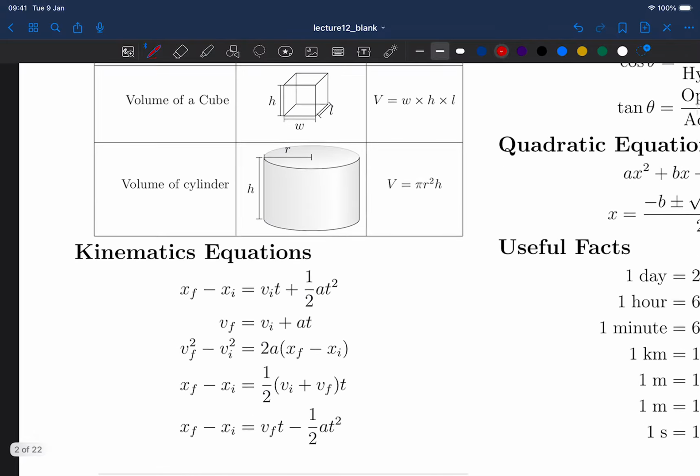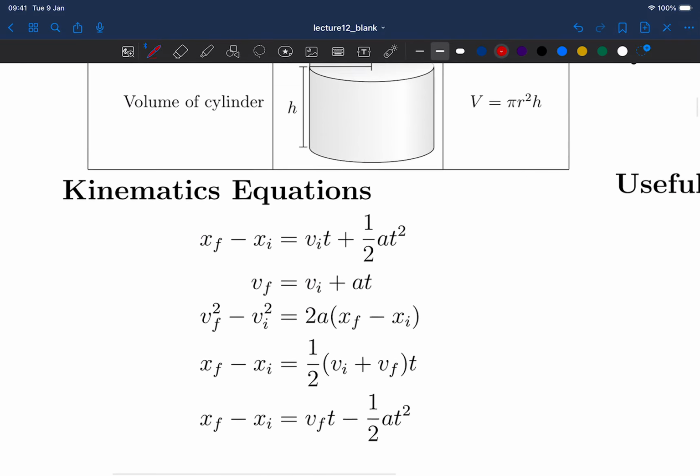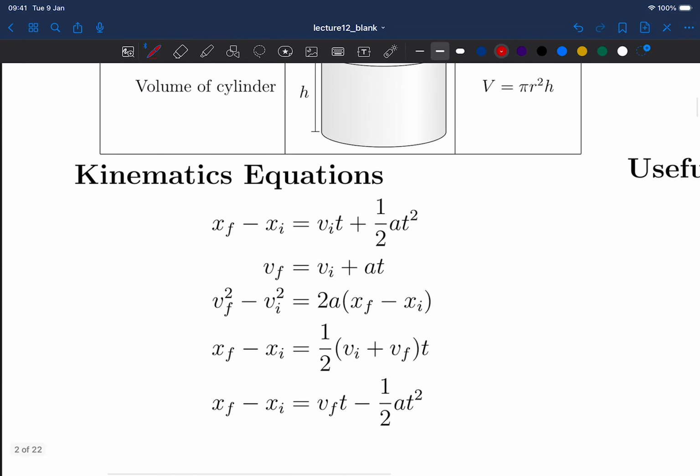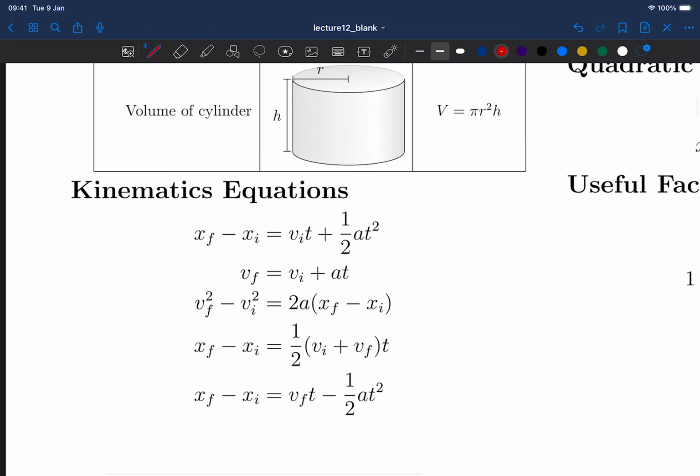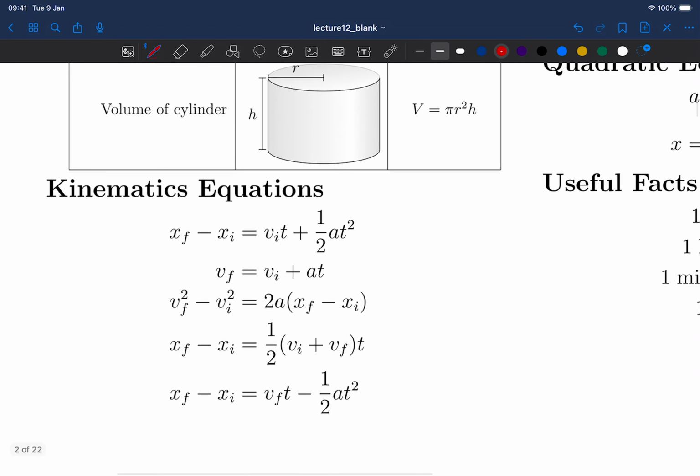And then we have a set of equations for one-dimensional motion. The formulas that we use often are this one, and that one, the first three.